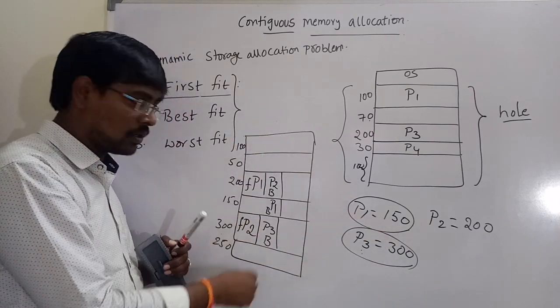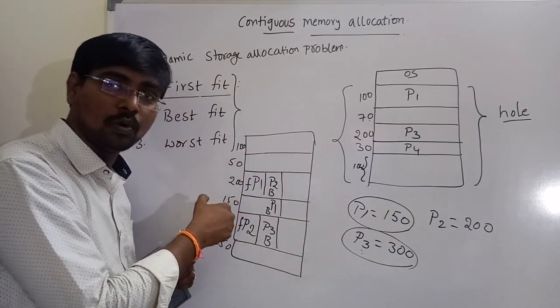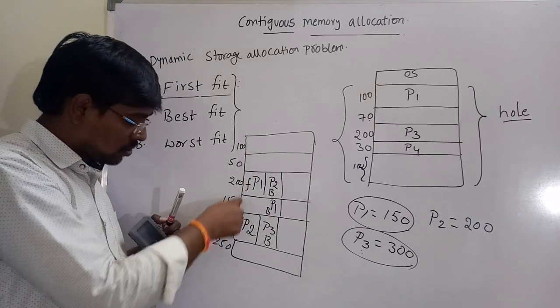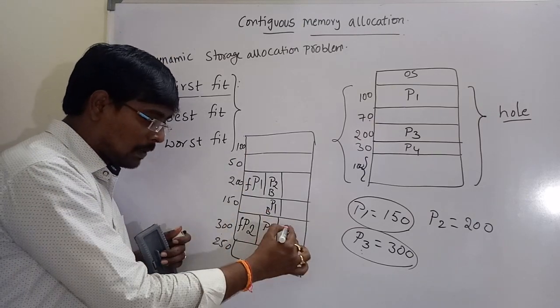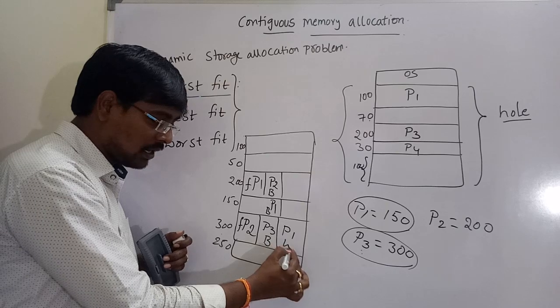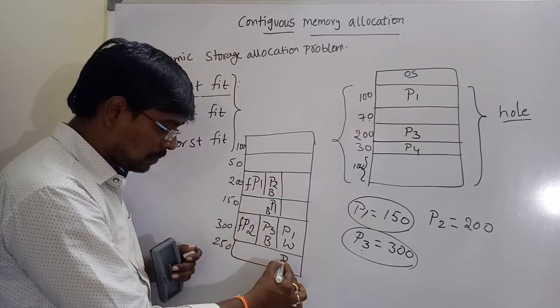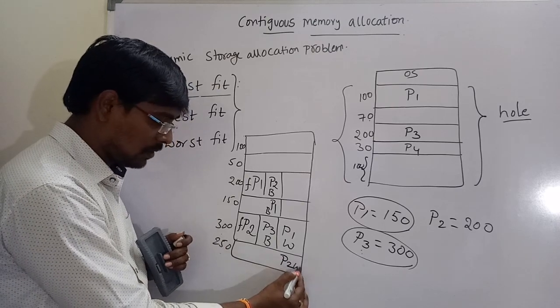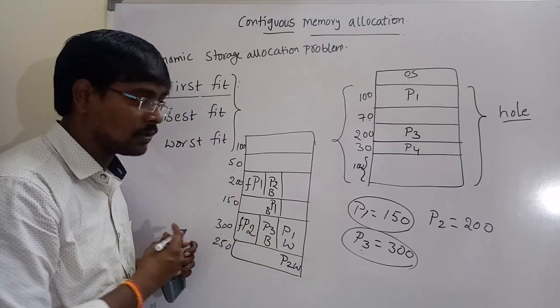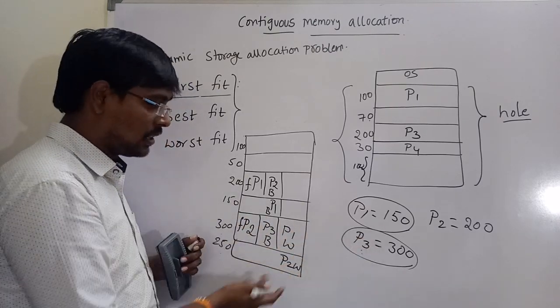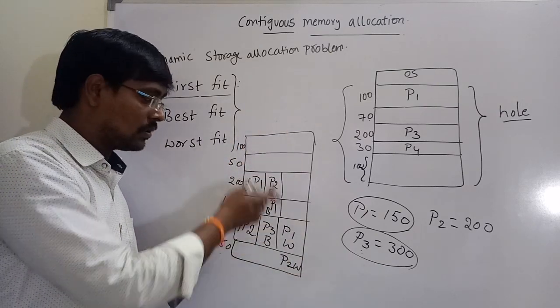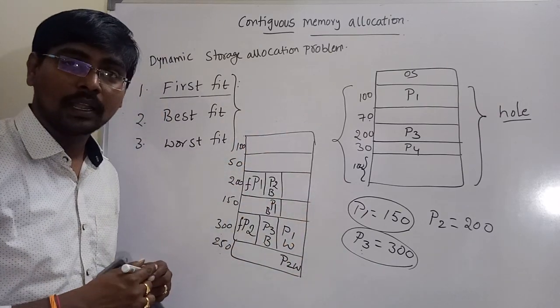First process P1 is allocated to the largest hole. What is the largest hole? 300. So process P1 is allocated at this position. Next is P2. Size is 250. This is the worst position. Next P3. There is no available space.